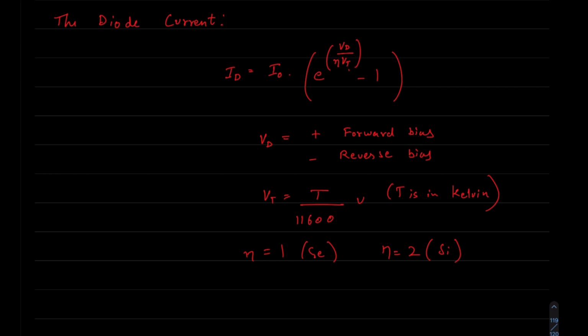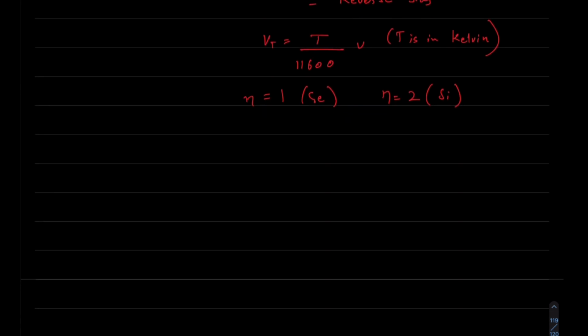So for large forward bias, this equation, the Shockley equation, for large forward bias, so any bias or any voltage that we see in our daily life is basically a large forward bias or large reverse bias.